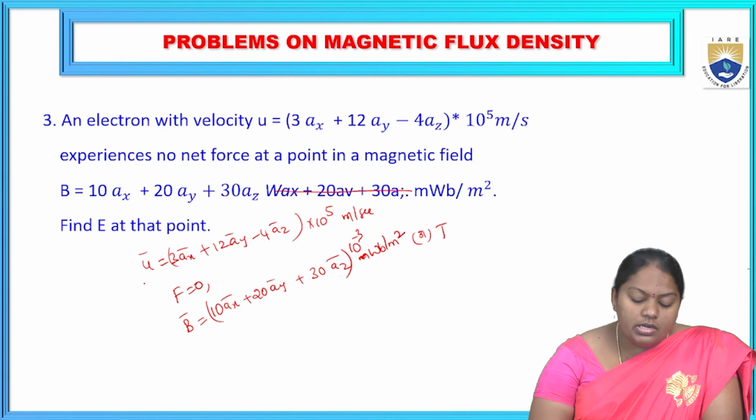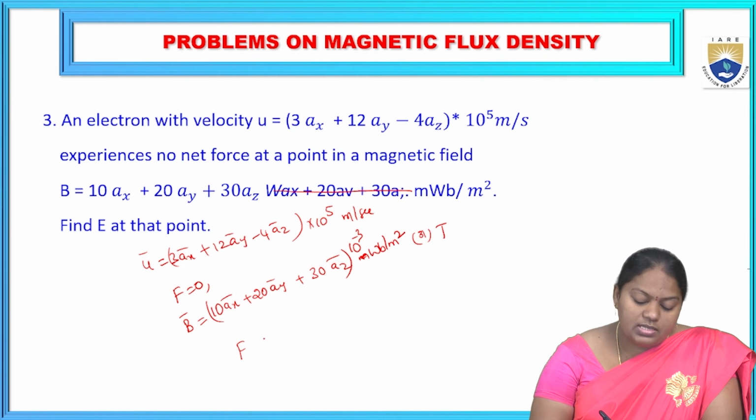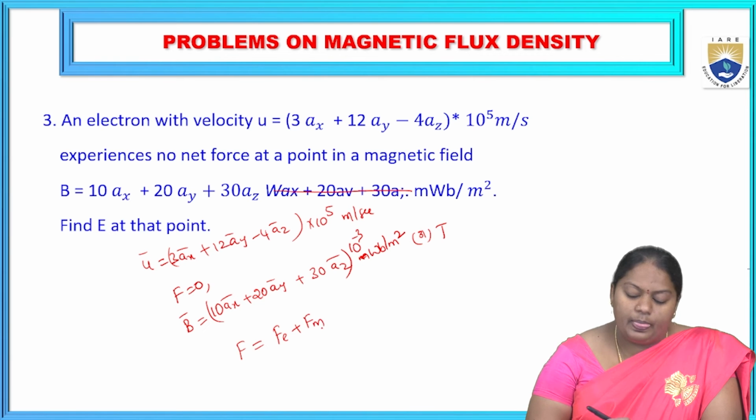According to the Lorentz force equation, the total force which is due to electric as well as magnetic fields is given by F equal to Fe plus Fm, right?